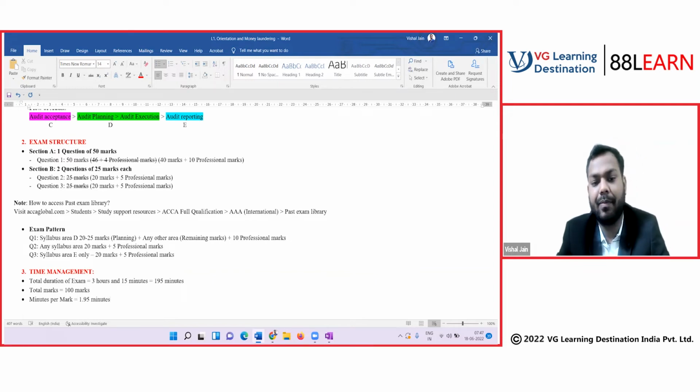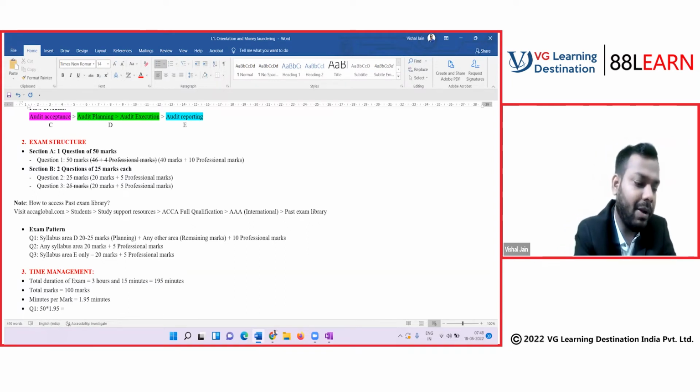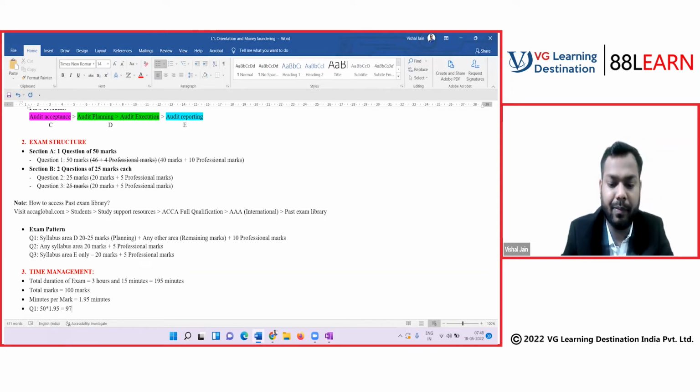For each mark we have to devote only 1.95 minutes, not more than that, right? So for question number 1, which is 50 marks, 50 multiplied by 1.95 is 97.5 minutes.